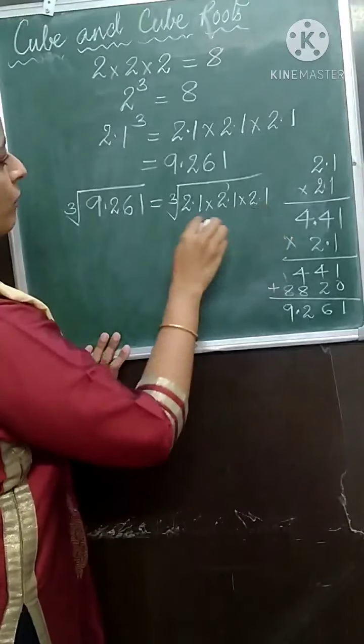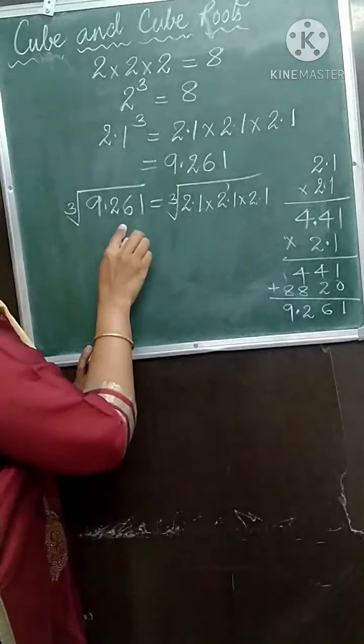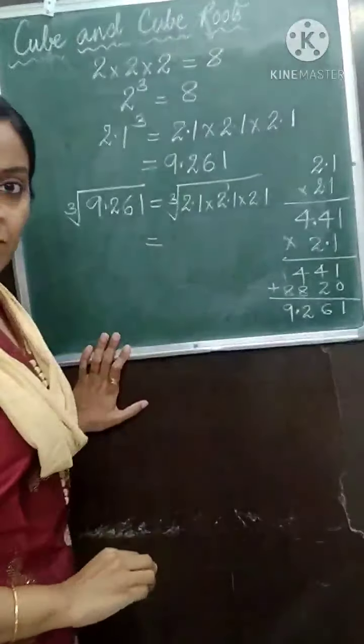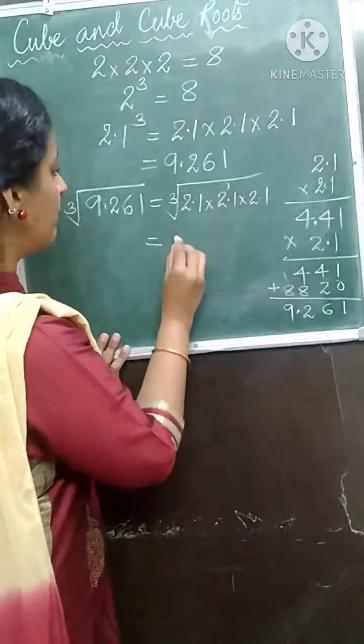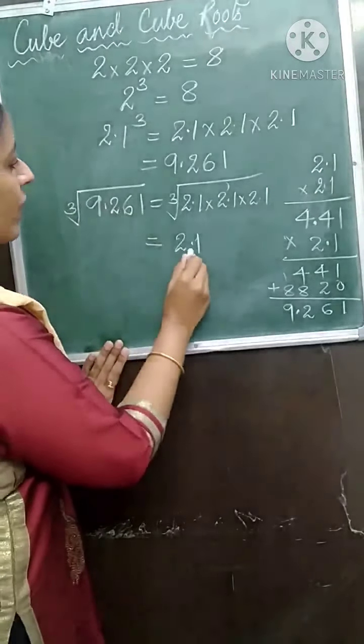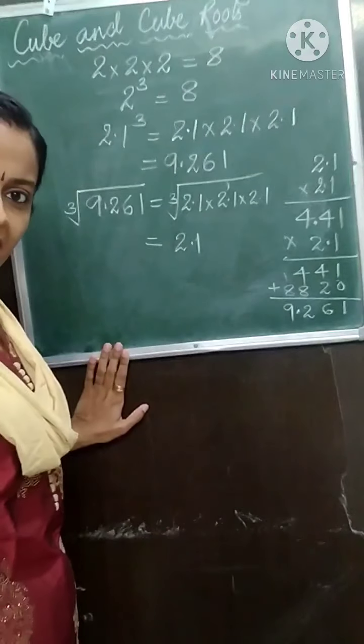If you multiply 2.1 3 times, you will get this answer. What will be the cube root? So out of these 3 times 2.1, one 2.1 will come out. So cube root of 9.261 is 2.1.